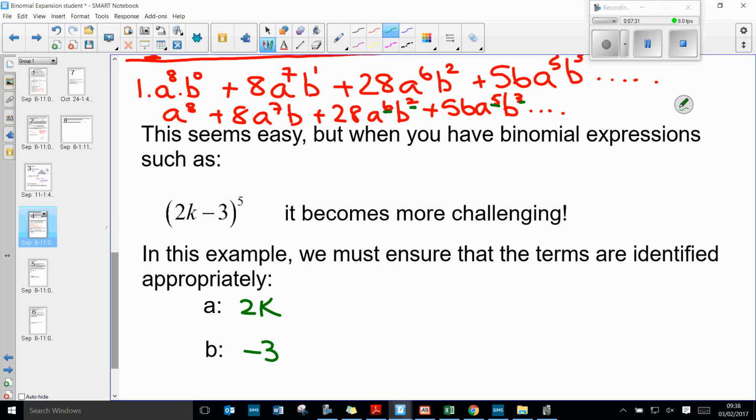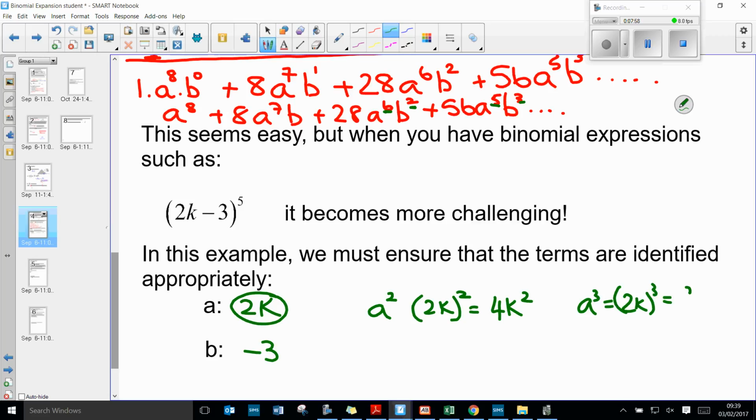The process is going to be exactly the same, but you just have to be aware that you are going to be raising this to a power. So when we start squaring things, this would be (2k) squared, which is actually 4k squared. When you've got a cubed, you're going to have (2k) cubed, which is 8k cubed, and so on.